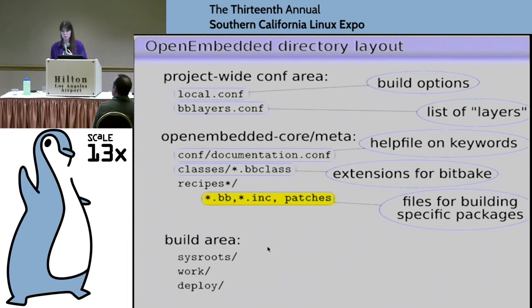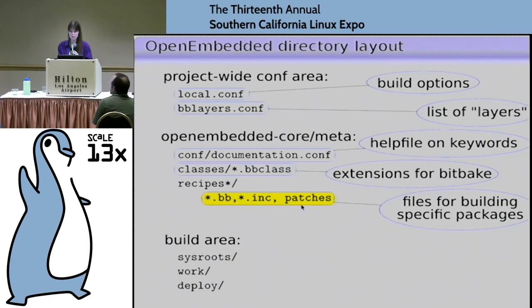So you'll have more subdirectories under the recipes, like you'll have recipes/glib. This tells how to build the glib library. And under that directory, you will normally have one or more BB files, which stands for BitBake format. You'll frequently have .inc files, which are for including in BitBake files.